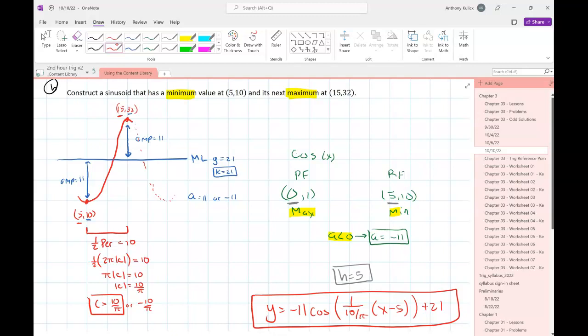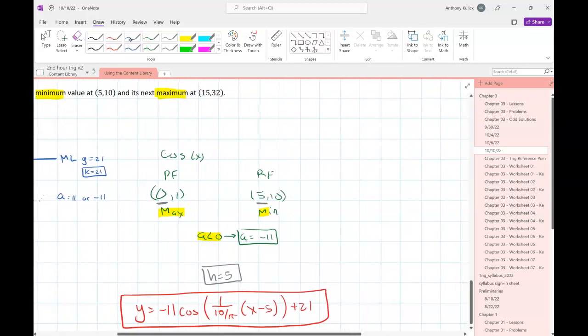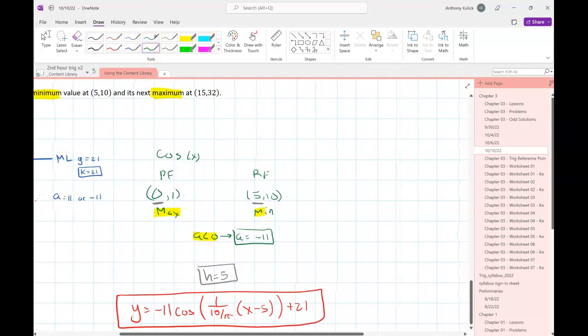Let's just demonstrate to you why picking cosine here was going to be important. What's going to happen if I pick sine? Why is Mr. Kulik asking me to avoid doing that? He usually has good reasons for that.